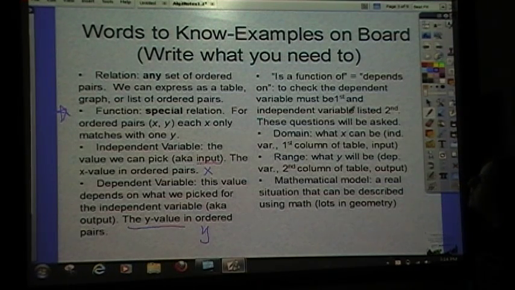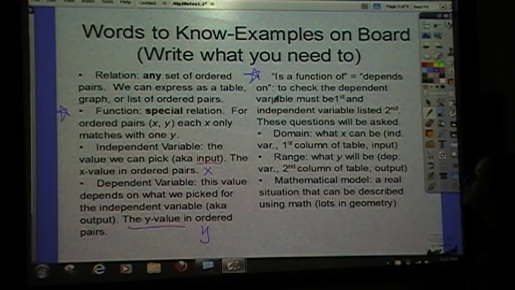Now, "is a function of," this is going to show up on quizzes, tests, your homework. When we talk about the special relationship functions have, we need to say which one depends on the other, because it will make a difference, and you will see that in a minute. So when you see the words "is a function of," it means the exact same thing as "depends on."